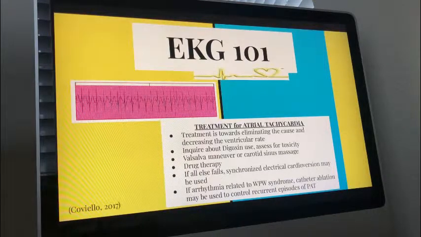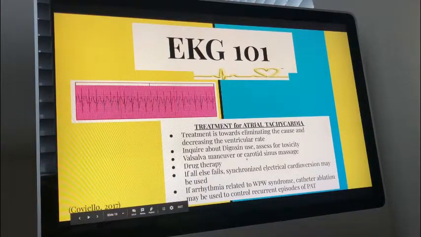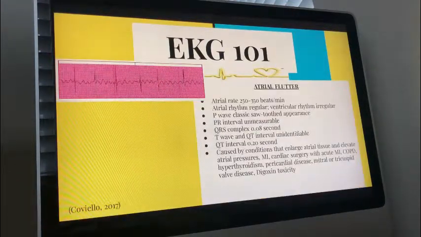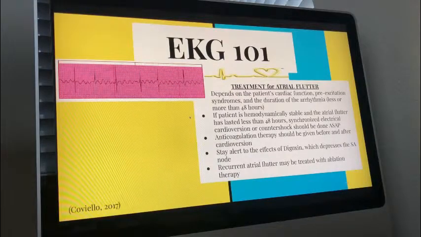Drug therapy can be used, but if all else fails, you have to do a synchronized electrical cardioversion. If arrhythmia is related to Wolff-Parkinson-White syndrome, they have to do a catheter ablation to control recurrent episodes of atrial tachycardia.